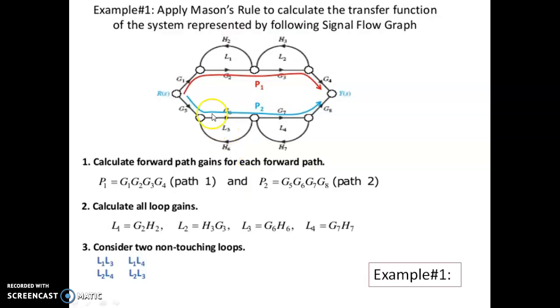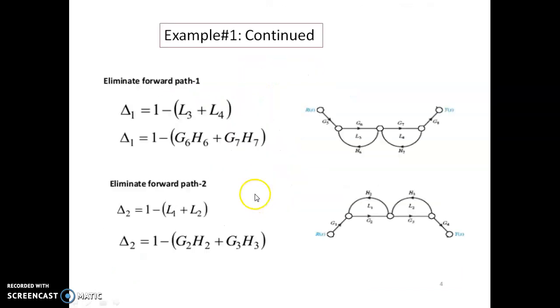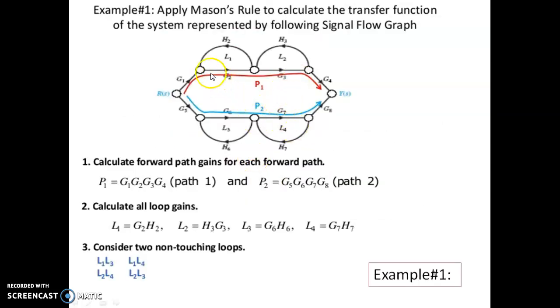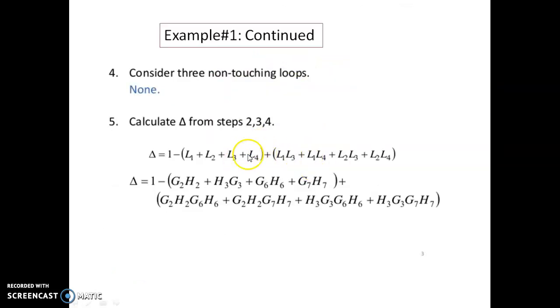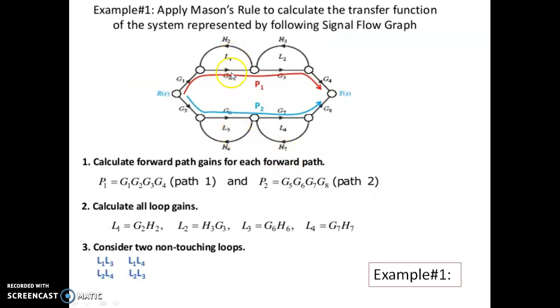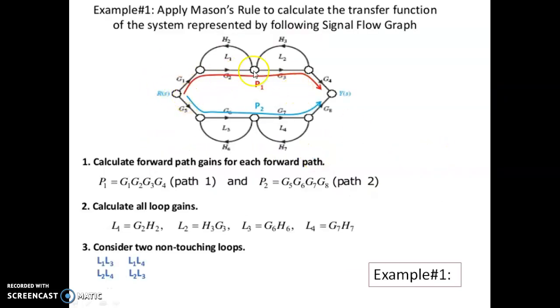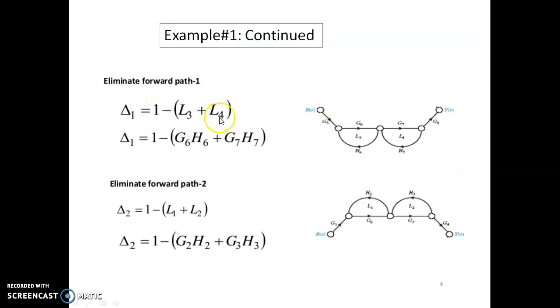Then L3, no, it is not touching, so I will write L3. Similarly L4, it is not touching P1, so I wrote it. Next, L1, L3: L1 is touching, not possible. Like that, you go on verifying delta with respect to the first forward path for delta 1.